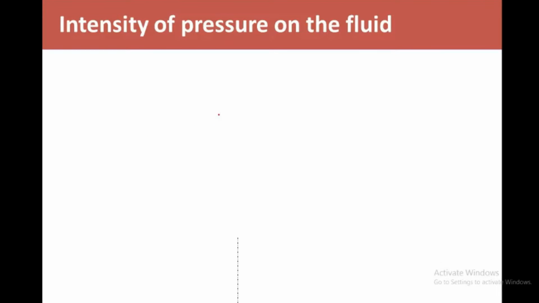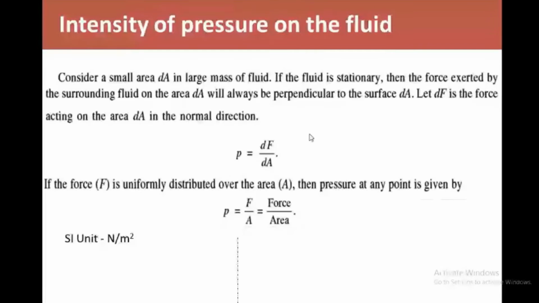Now we will understand what is pressure, or intensity of pressure. The unit of pressure is Newton per meter square. Similarly, in the CGS system, its unit is dyne per centimeter square.